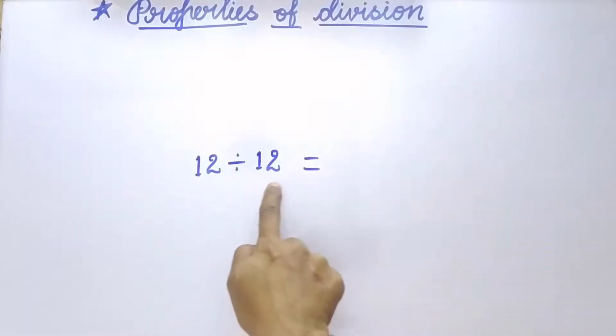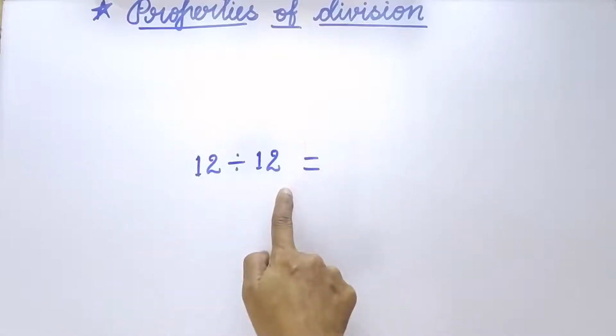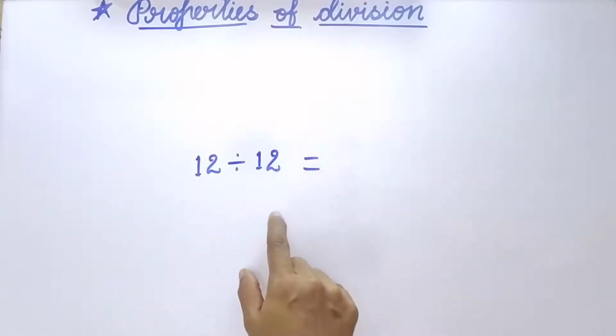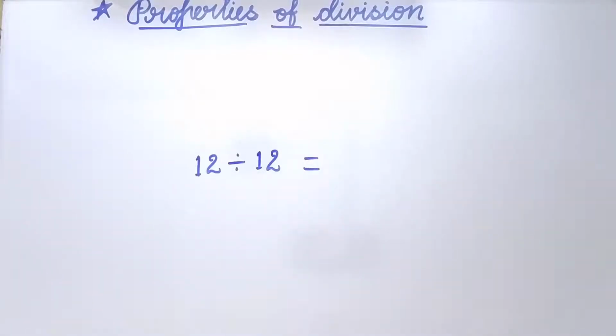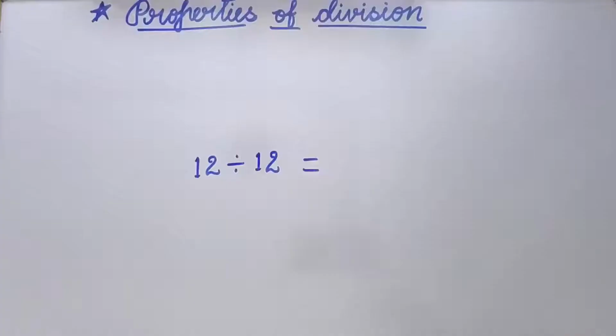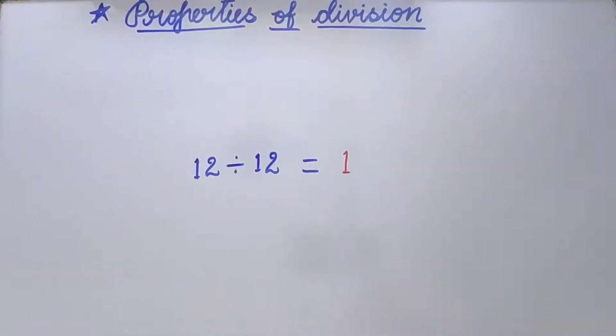So 12 divided by 12. That is when a number is divided by itself. Okay. So 12 divided by 12. Then what will the answer be? Yeah, you are correct. We do get the answer or quotient as 1, isn't it?